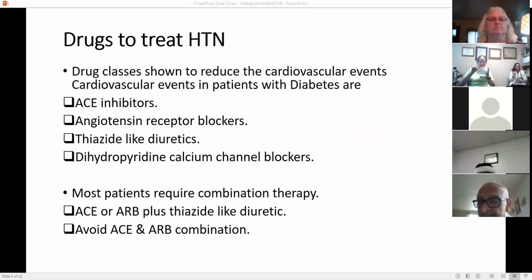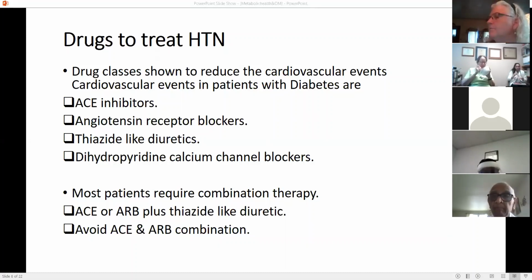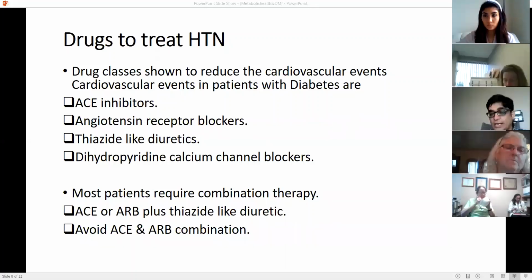These are the losartans and the valsartans. Thiazide diuretics in combination, and the dihydropyridine calcium channel blockers. So these are your Norvasc, the amlodipine and the felodipine, not the verapamil and the Cardizem. Those are the non-dihydropyridine. So these four agents are preferred agents to treat hypertension in these patients.